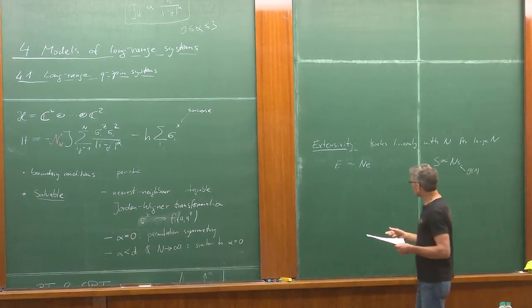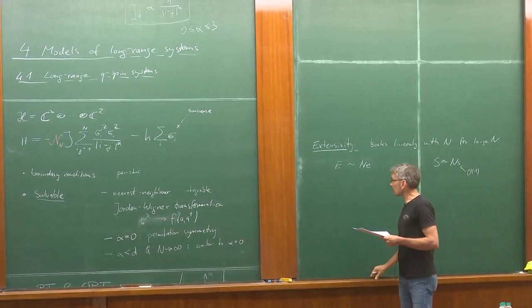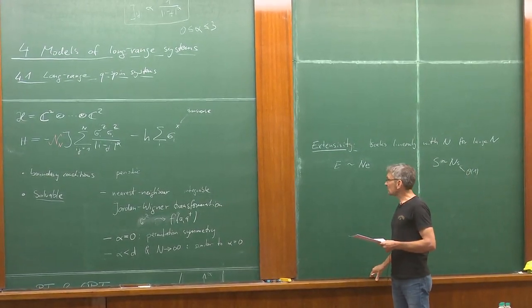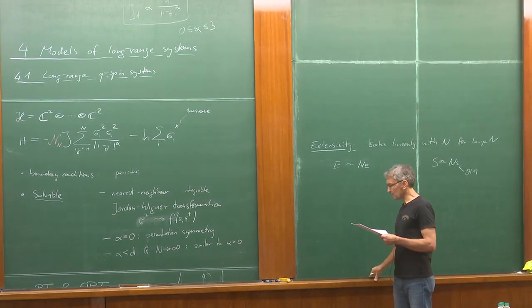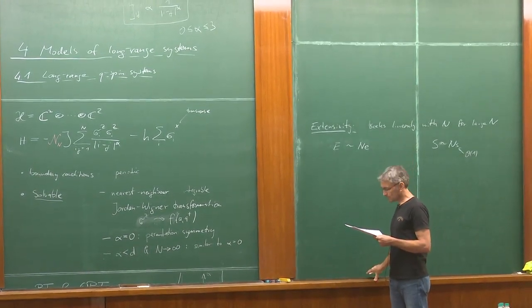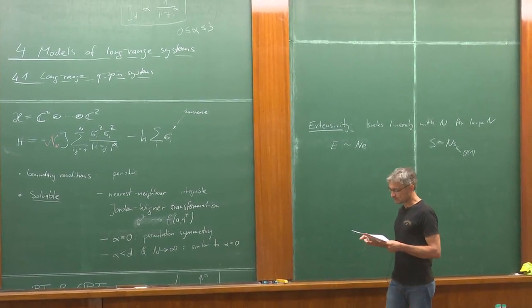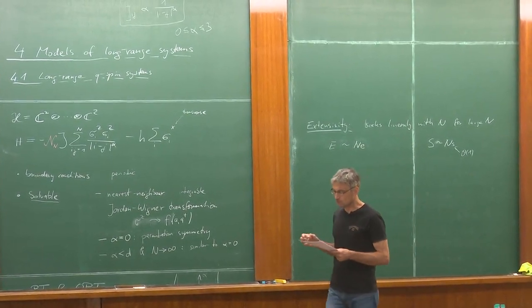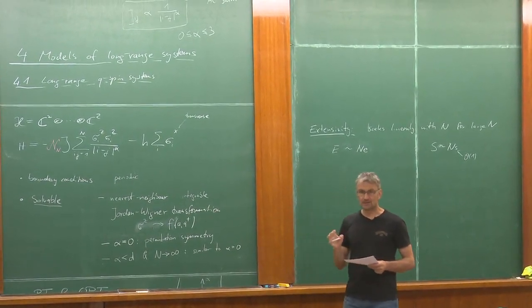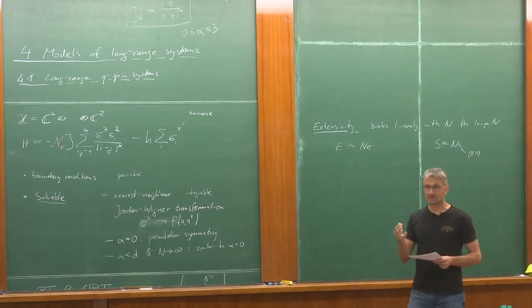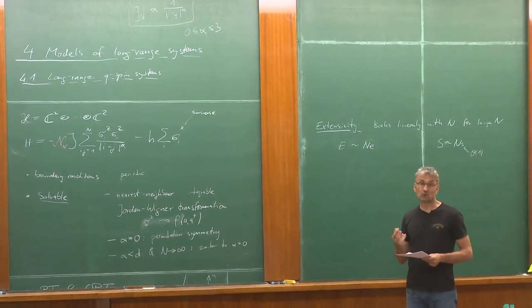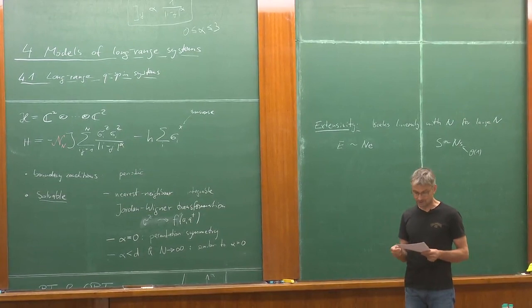It is a very relevant concept in statistical physics and thermodynamics, and I'll get a little bit to that. It's well known in statistical physics, and I'll argue that this is because statistical physics is so dominated by short-range interactions.